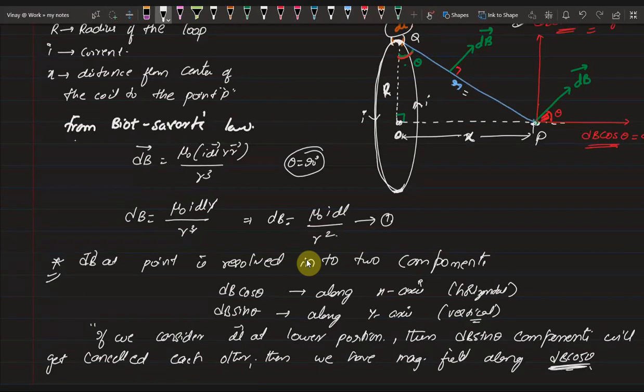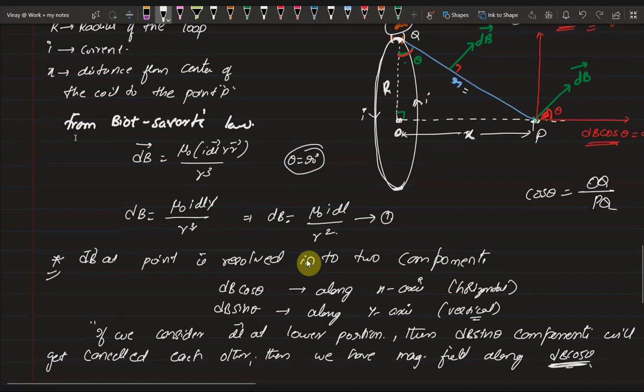Look at the triangle OPQ. What is the cos theta value? X by square root of R square plus x square. Very good. Cos theta is the adjacent side divided by the hypotenuse. The adjacent side is OQ, and the hypotenuse is PQ.